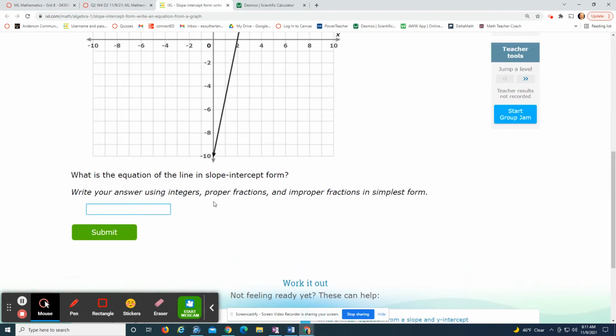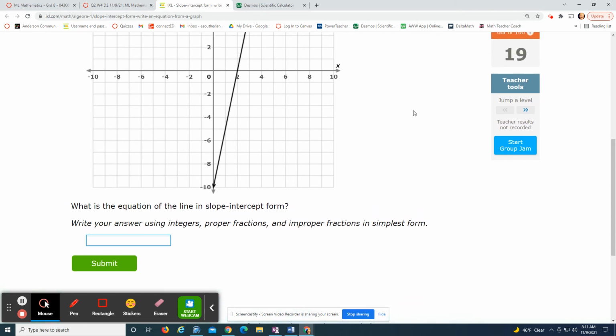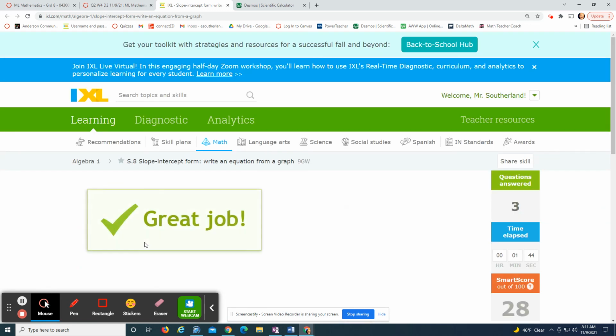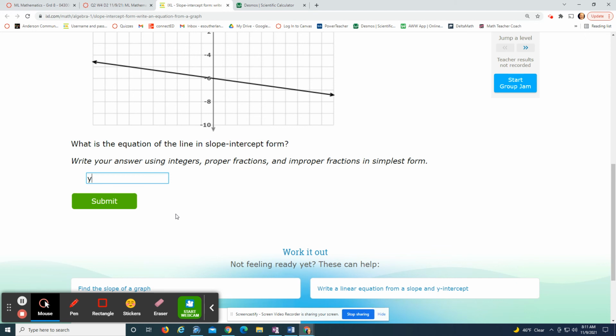And so what eventually will happen is you'll get good at these where you don't have to write them down. And so like when I look at this, I see y is equal to positive 5 over 1x minus 10. Y is equal to negative 1 over 7x minus 6.